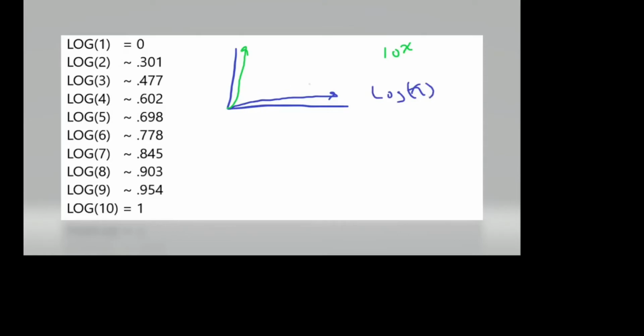The only thing that's different between these two functions is that the x and y coordinates have flipped. They're obviously not the same, but their x and y coordinates are flipped. So if I had the number 10 right there, and then I had 1 there, this is basically saying, if I input 1 up here, then we get 10, because 10 to the power of 1 is just 10, right?